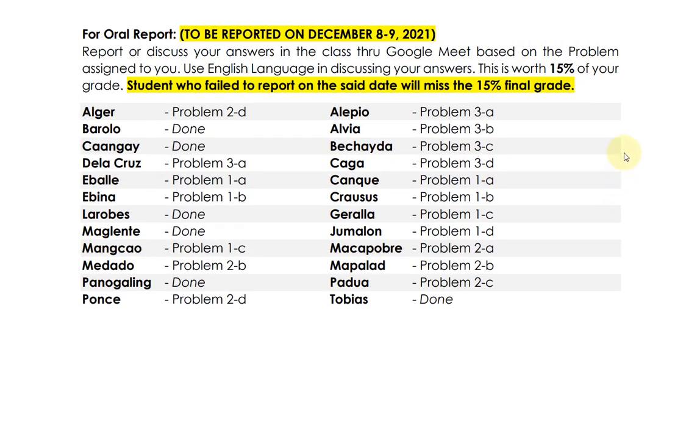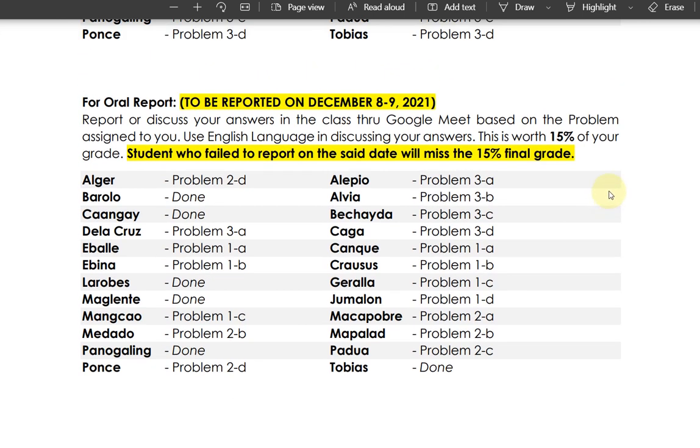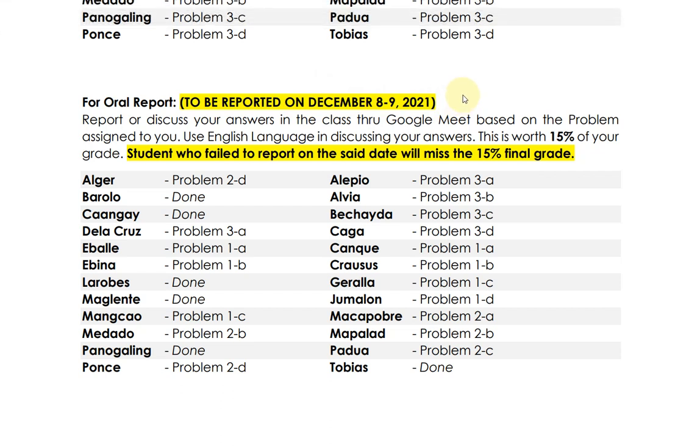This is worth 15%, and students who fail to report on the said date will of course miss the 15% of their final grade. So only on these dates, the 8th and 9th, is your chance to report. It is rare that we meet live, so make sure that during these dates you can join and report.